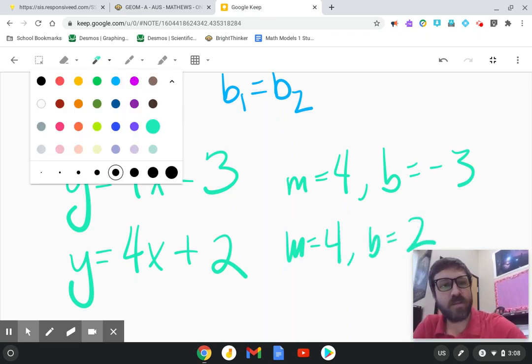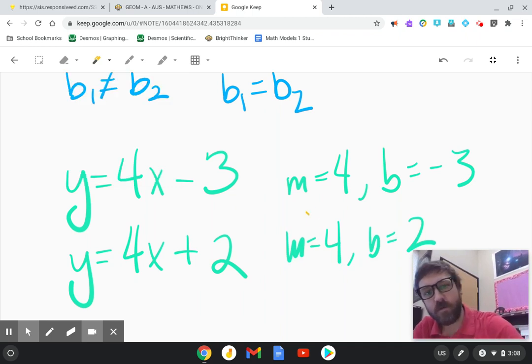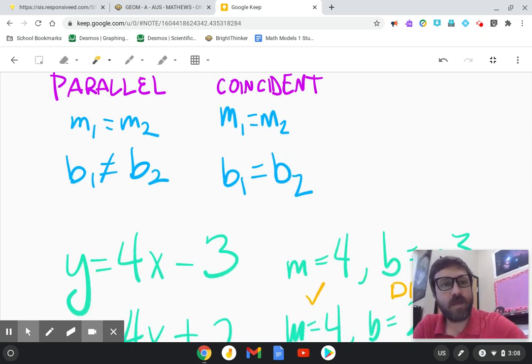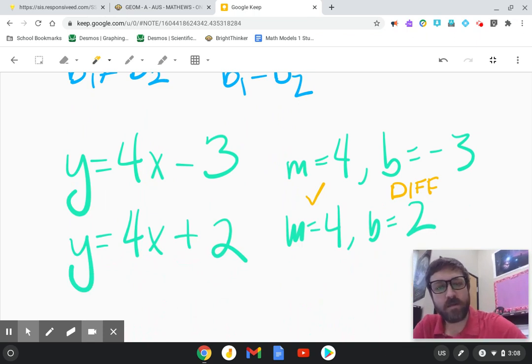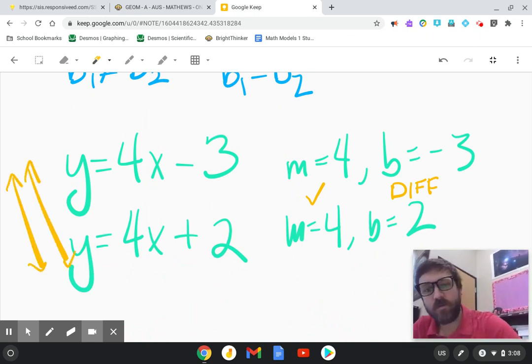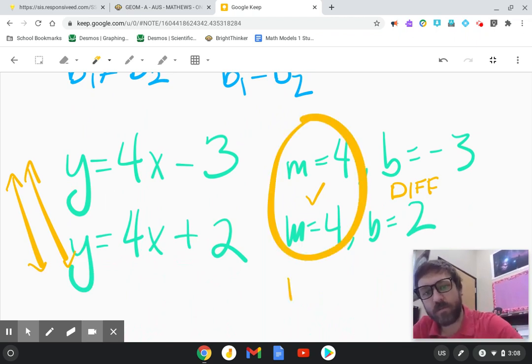So we can see that the slopes are the same, but the y-intercepts are different. And we know, based on what we just got done talking about, that when that happens, that means these are going to be parallel lines. So because they have the same slope but different y-intercepts, they are parallel.